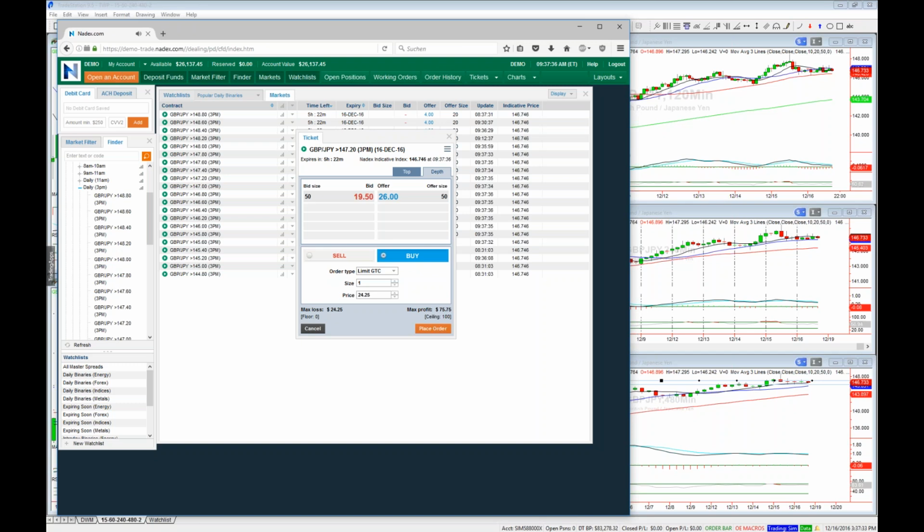And it's just the same way here with binaries. You just take the middle price. So we're trading between 19 and 26. So that's 7, 3.5, 22.5% probability roundabout, just a very rough approximation that this will be a winning trade, just from the mathematical statistical model underlying option pricing.